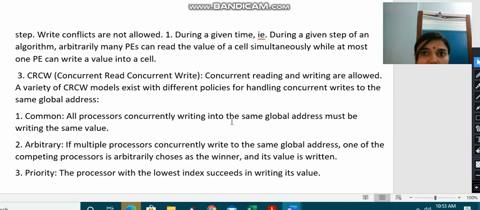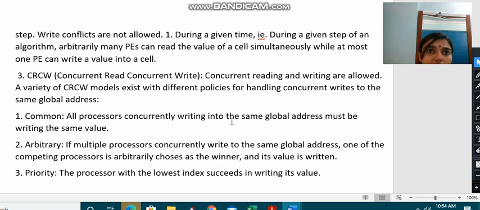All the processors who want to write into the global memory will write simultaneously, but the condition is that they all have to write the same value. If they write different values, then the common model will not work. They have to write into the same global address, and the value must be the same.